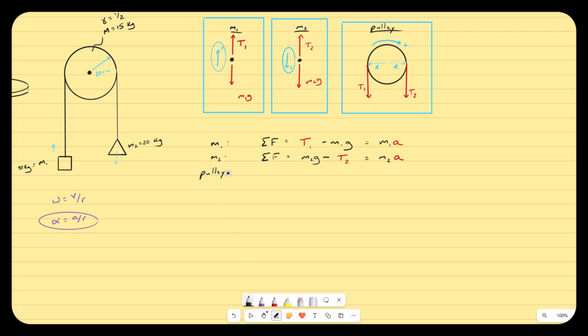Third equation, I'm looking at the pulley, and I'm not looking at a sum of forces now. I'm looking at a sum of torques because I'm assessing how this thing is rotating. My sum of torques is, I've got T2 times R, that is the torque exerted by rope number 2, and it counts as positive because if that's the only force acting, so ignore this for a moment, this wheel is going to rotate clockwise, which I called my positive direction.